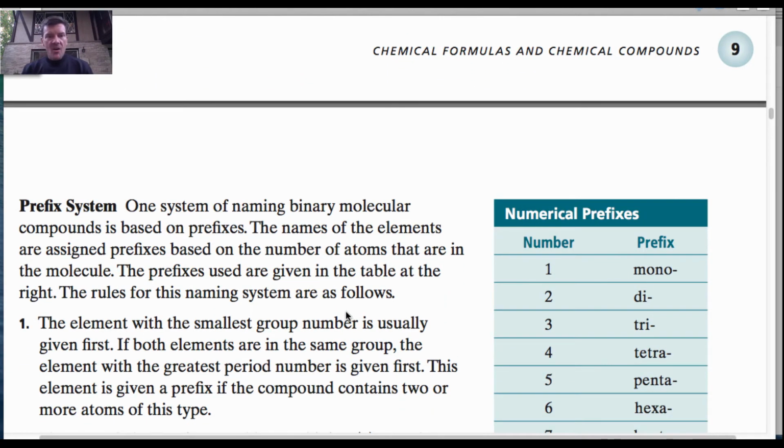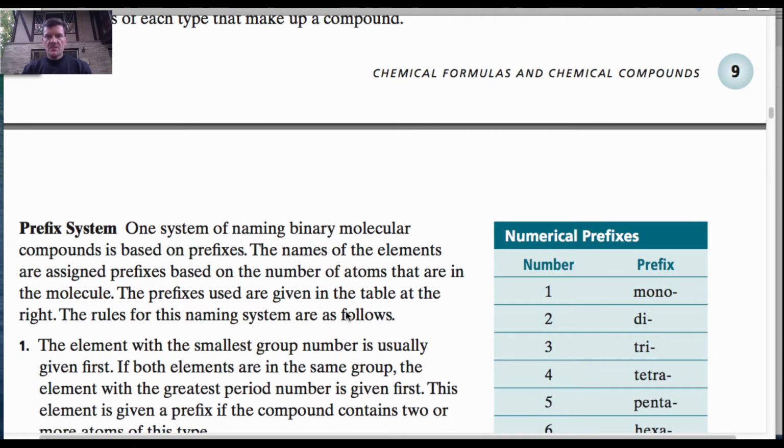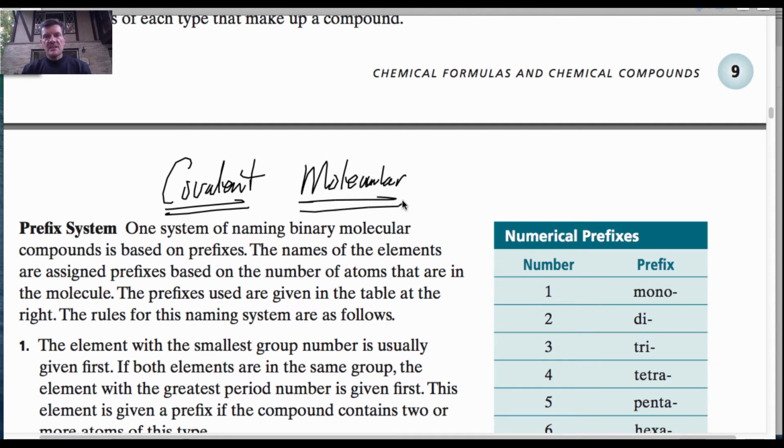All right, now we're going to talk about no longer ionic compounds. We are going to talk about covalent or molecular. Remember, this is where they are sharing electrons now. Before, I was talking about where there's a transfer of electrons, ions are formed, and they form an ionic compound.